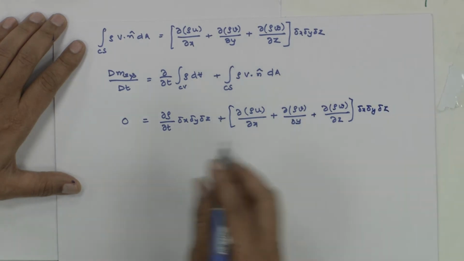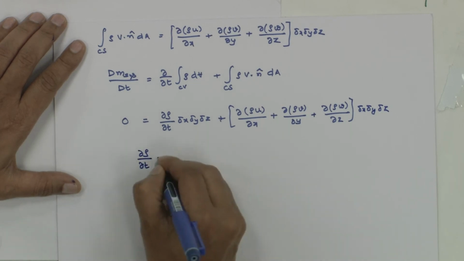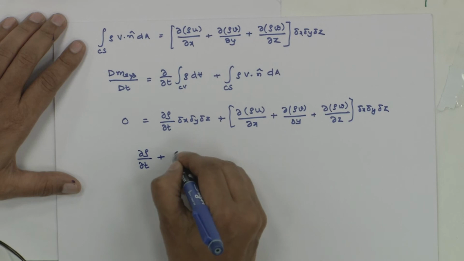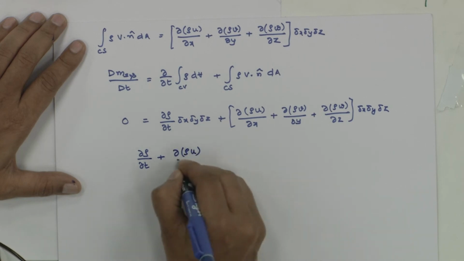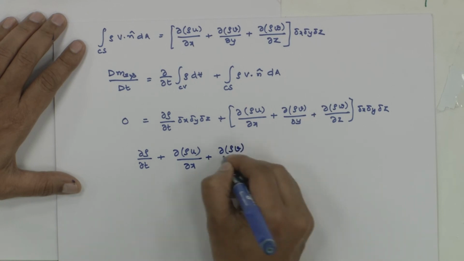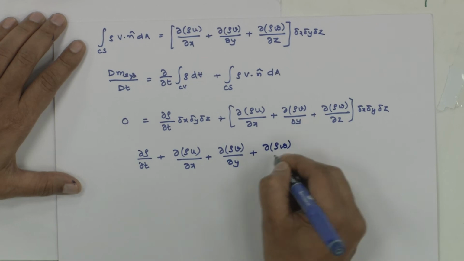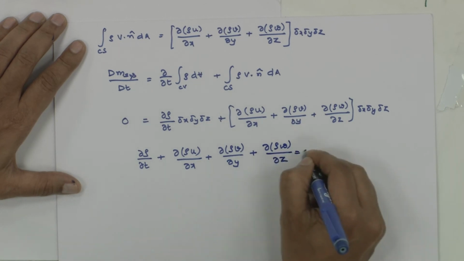So if I throw out this delta x delta y delta z, because the left hand side is 0, I have del rho by del t plus del of rho u by del x plus del of rho v by del y plus del of rho w by del z is equal to 0.